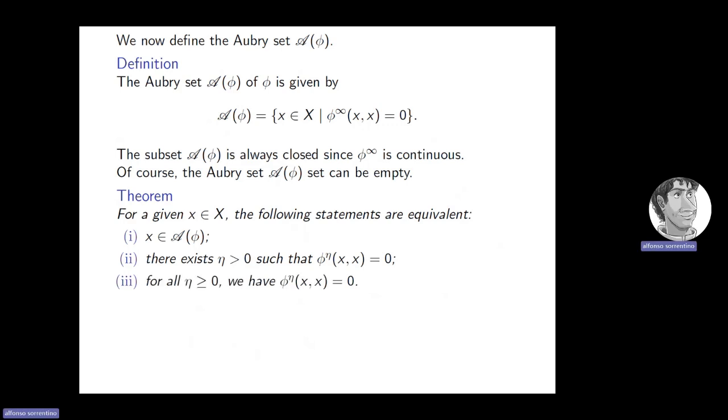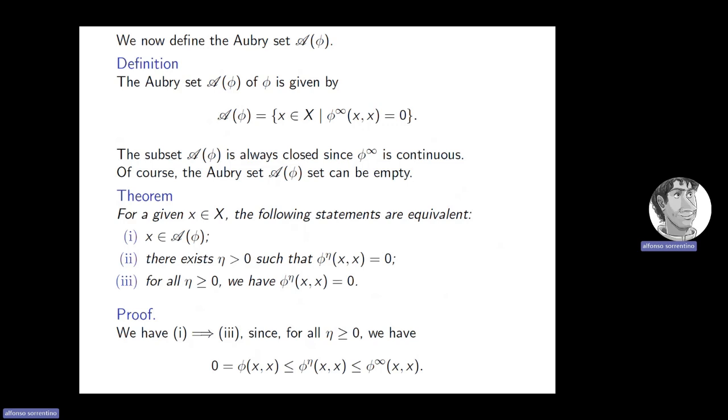And three: for all eta, we have phi eta of xx equals 0. So 1 implies 3, because phi of xx is less than phi eta of xx, which is less than phi infinity of xx. So if x is in the Aubry set, this is 0, so you have 3. 3 implies 2, of course.